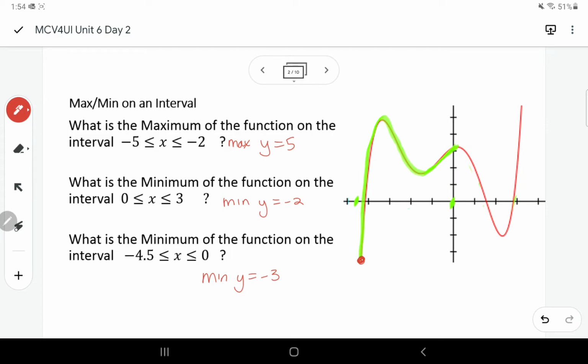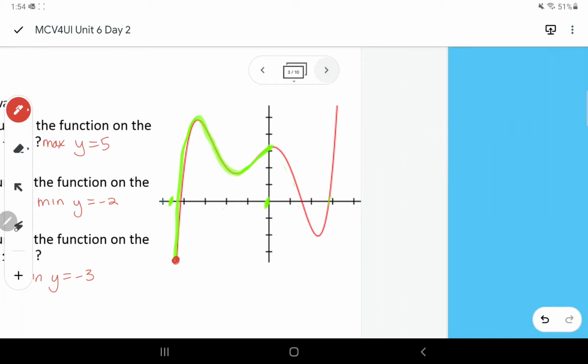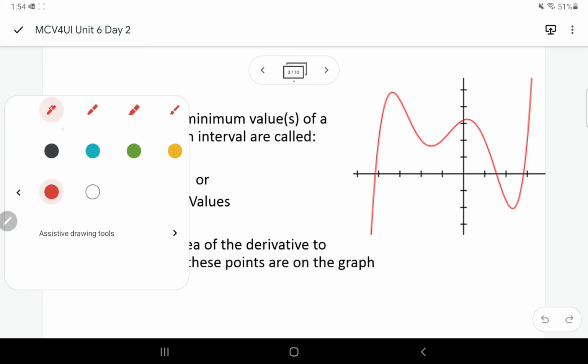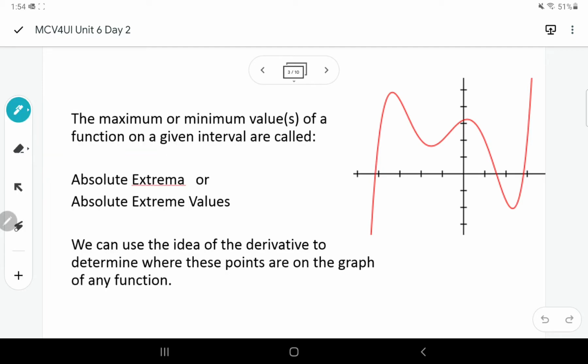So the minimum isn't necessarily just the turning points. It could be the endpoints of the interval that you're looking at. So an absolute extreme value is the actual highest or lowest value in an interval. Turning points are called local minimums or local maximums.